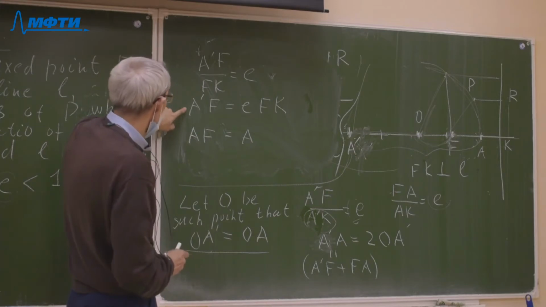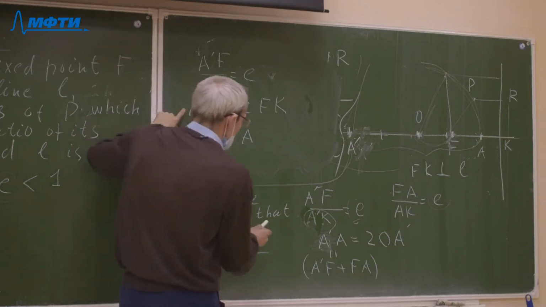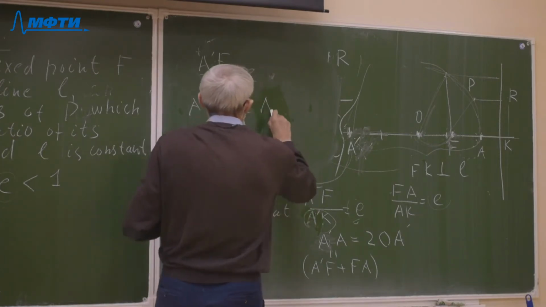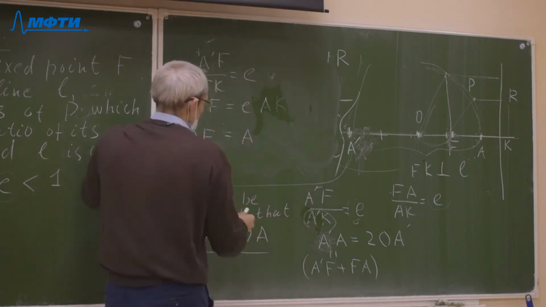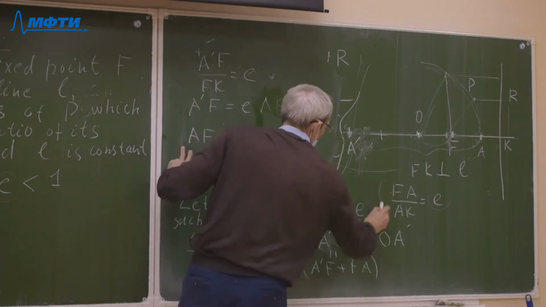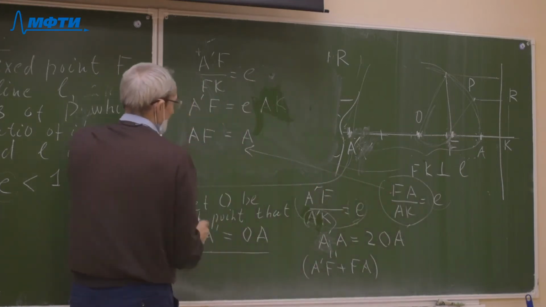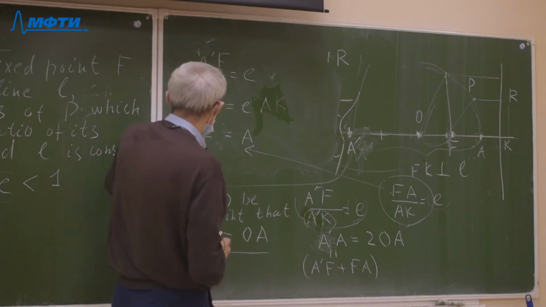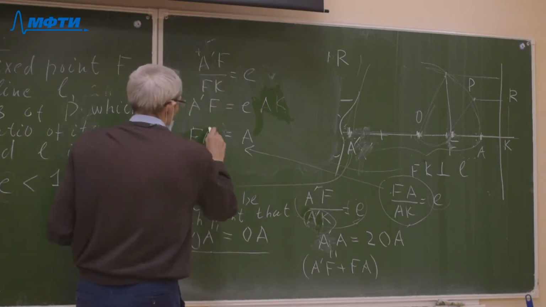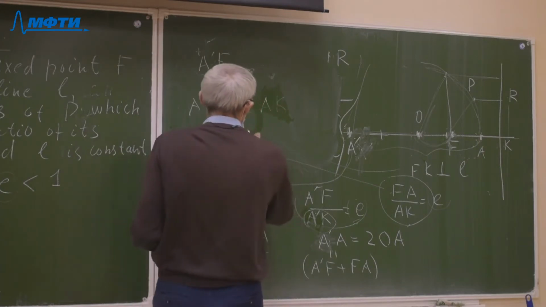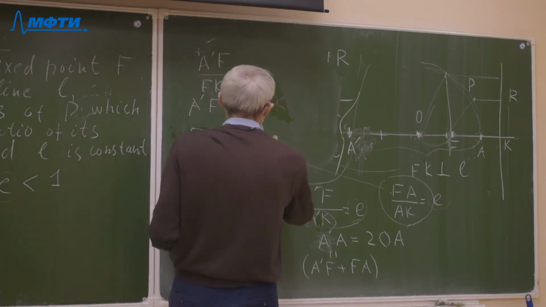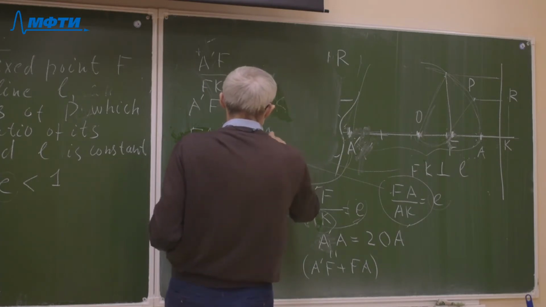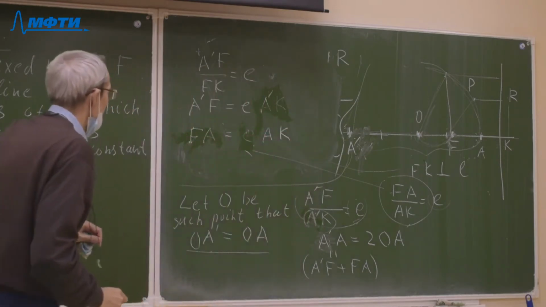And we can deduce from these equalities the following equality. We can rewrite this so that FA is equal to E times AK.